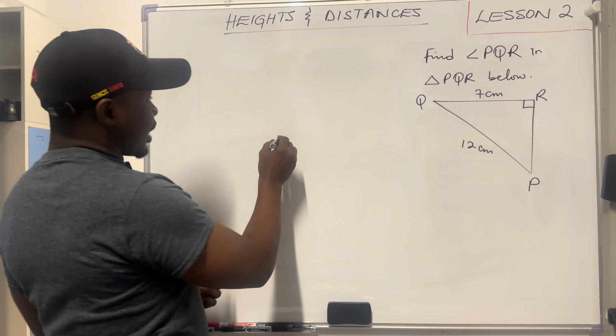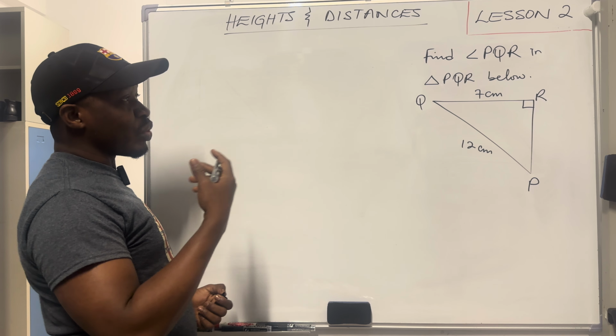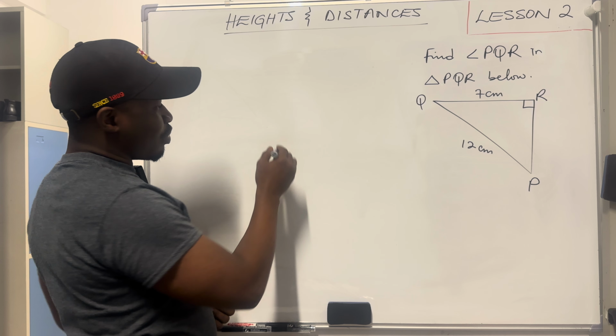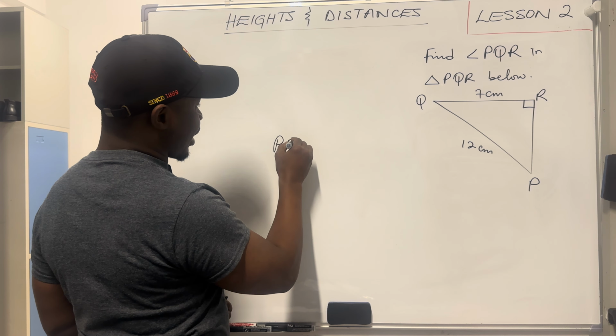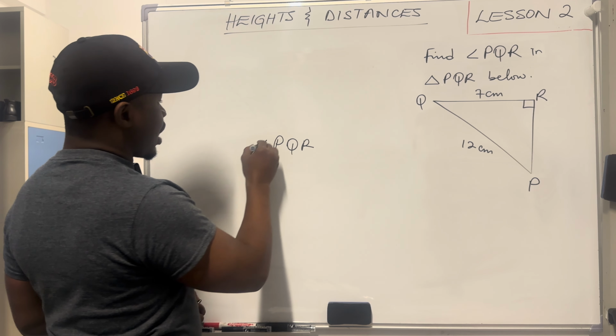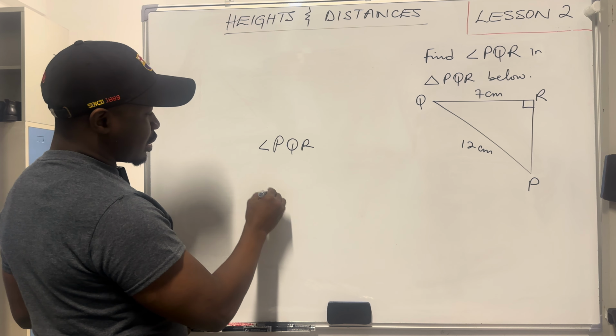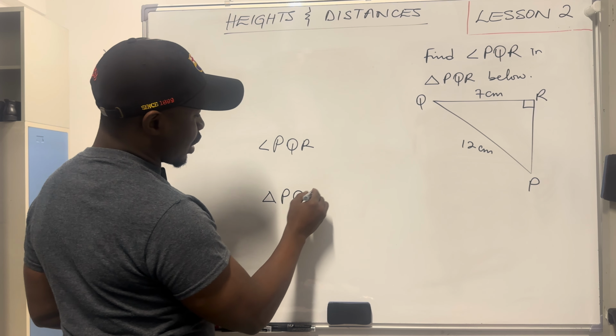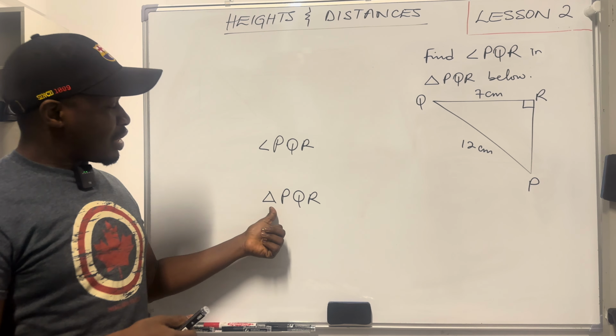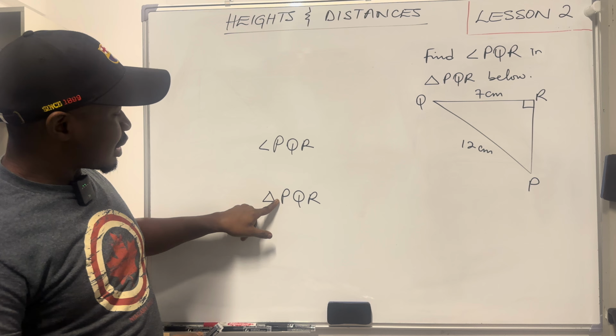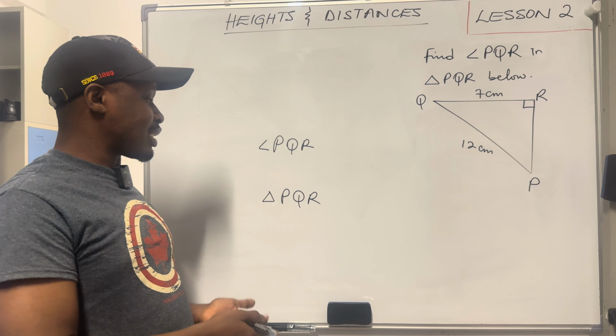Now, using three letters to represent or to name or identify an angle, for example, angle PQR, triangle PQR. If it is the symbol that stands for triangle, it doesn't matter.